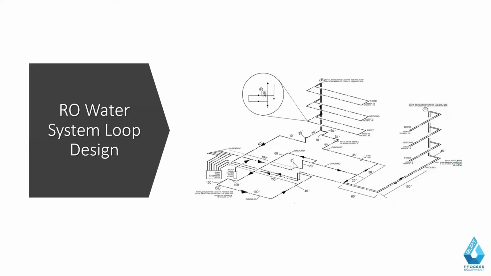When you are looking at a multi-story building or very large buildings, very often you have what's referred to as a ladder loop. And in a ladder loop, you come off of your main system, you have a main feed loop, and then off of each one of these loops, you have a small secondary loop.